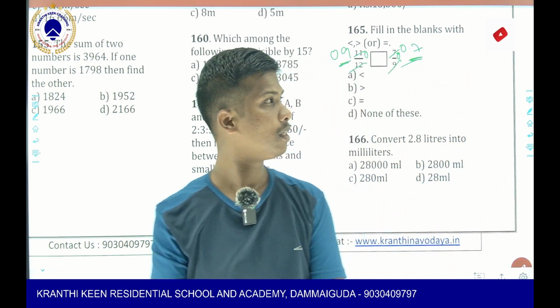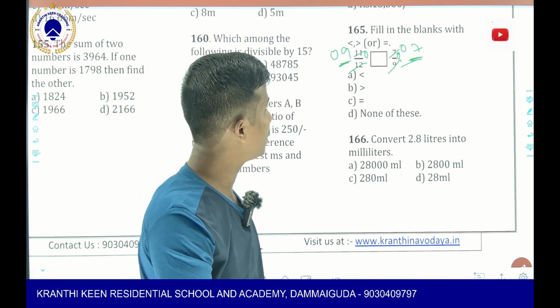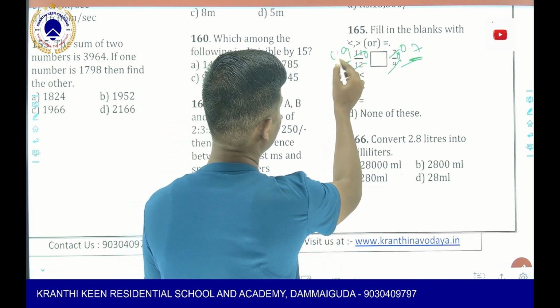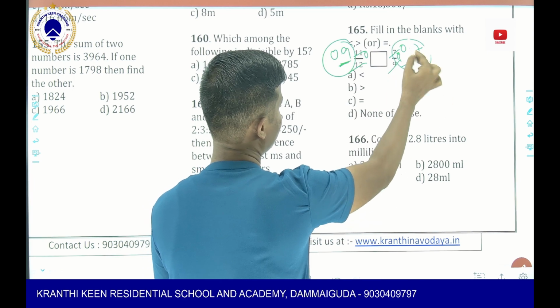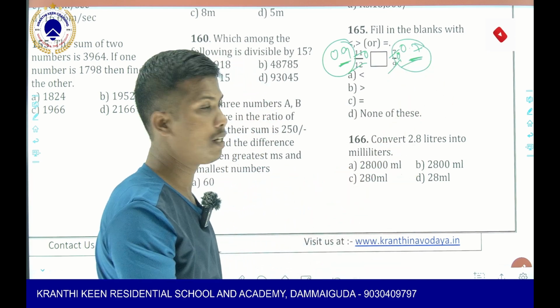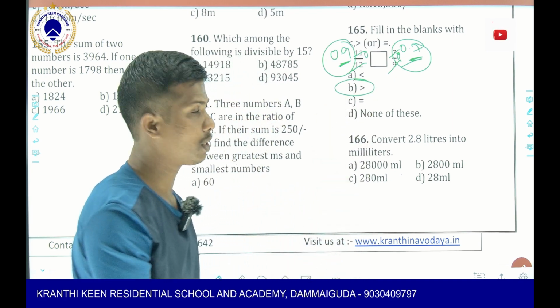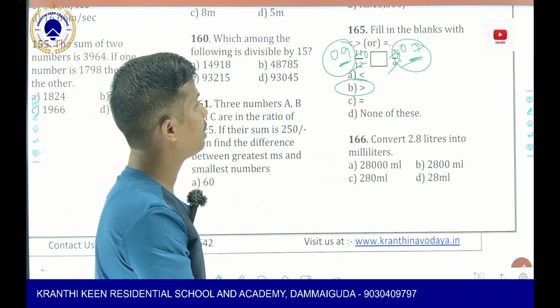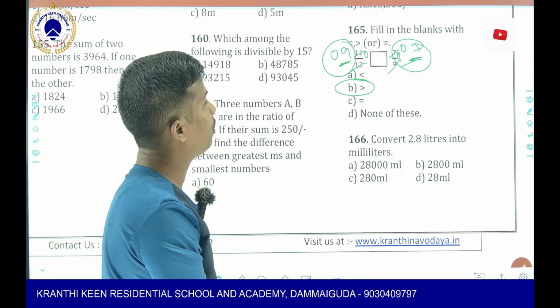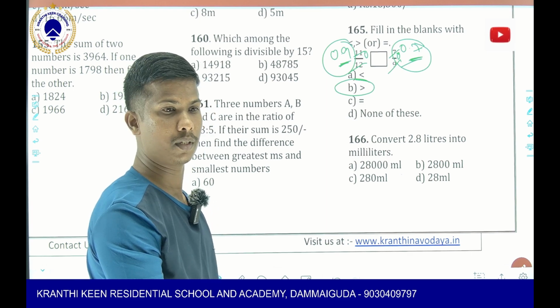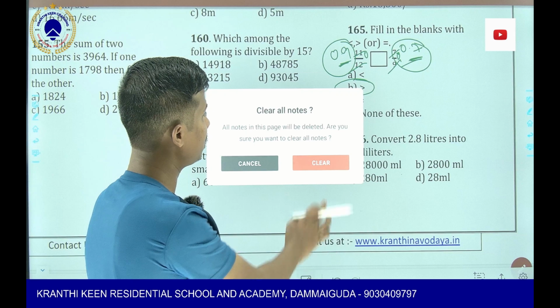What is the relation between 0.9 and 0.7? 0.9 is greater than 0.7. That means option B is the correct answer for question number 165. For this type of questions, convert into decimals, then you can solve it easily.